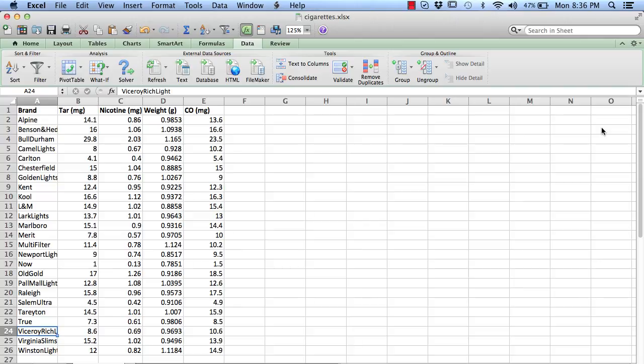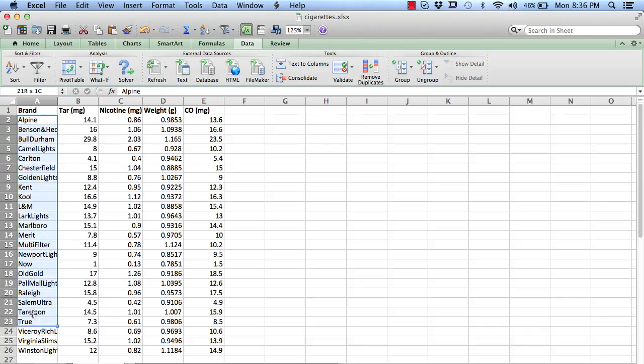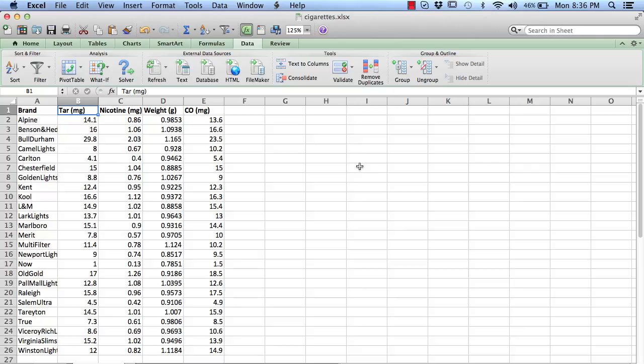So the example that we're looking at today is based on this cigarette data. So in front of me in this sheet I have 25 different brands of cigarettes, and for each one I recorded the amount of tar in milligrams per cigarette of that brand, the amount of nicotine in milligrams per cigarette, the weight in grams of each one, and then also the amount of carbon monoxide that's released measured in milligrams as well.